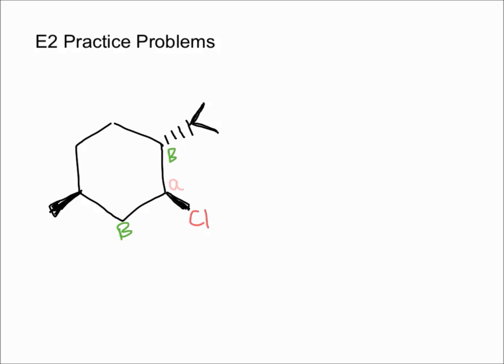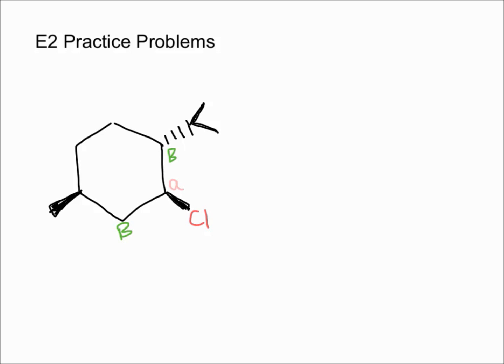Now let's do one more practice problem that's a little harder. Take a look at that molecule and try to figure out what molecule would form after an E2 reaction. I've identified the leaving group as the chlorine, which is on the alpha carbon, and I also identified 2 beta carbons for you to look at.